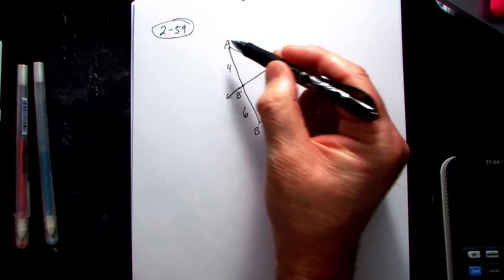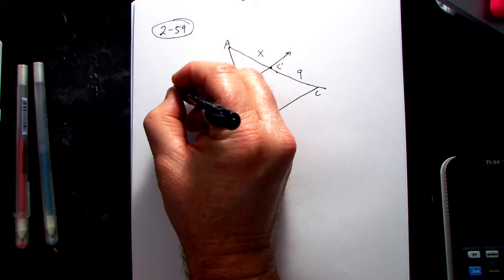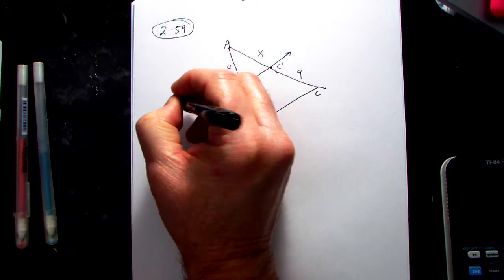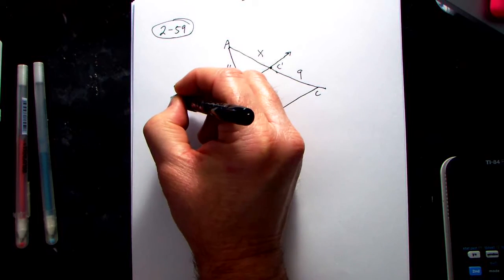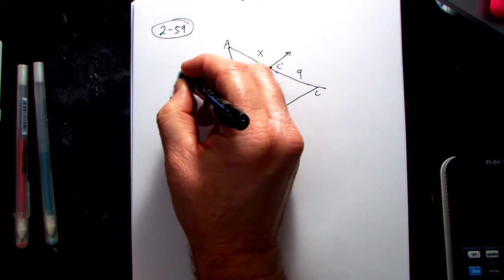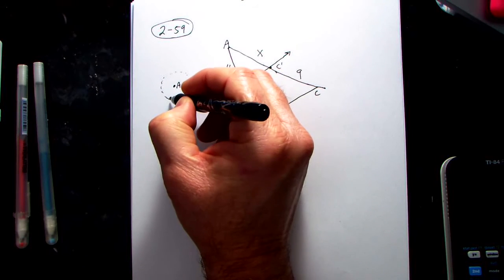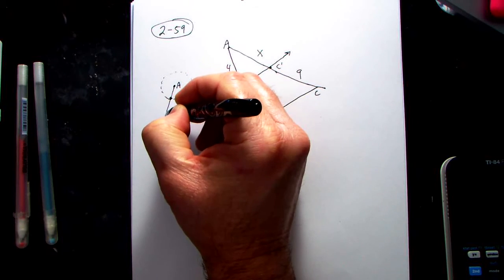Now, the point is like the center of dilation. If you think of taking an object, I'm just going to look at a single point, and I want to dilate it a certain distance away from A. I can actually think of this point as being on a circle, so that when I dilate it, I make the radius of that circle bigger.